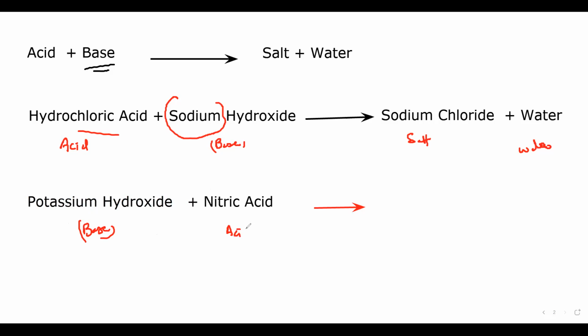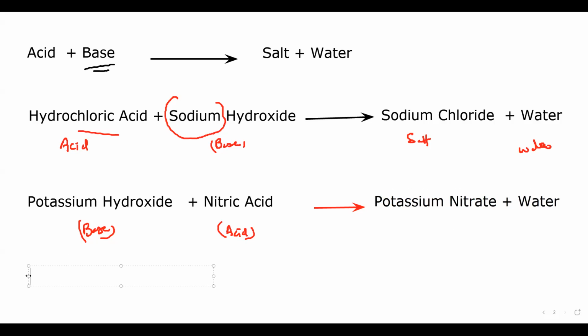And nitric acid is there. So what will be the salt produced? The first name of the salt comes from the metal, so that will be potassium. And the second name is from the acid. If it is nitric acid, this will result in the formation of nitrate salt. So potassium hydroxide plus nitric acid gives potassium nitrate plus water.